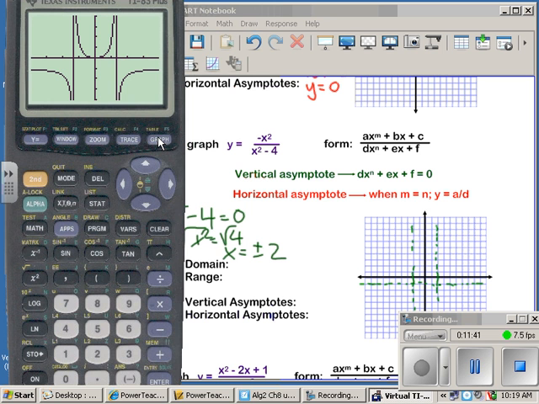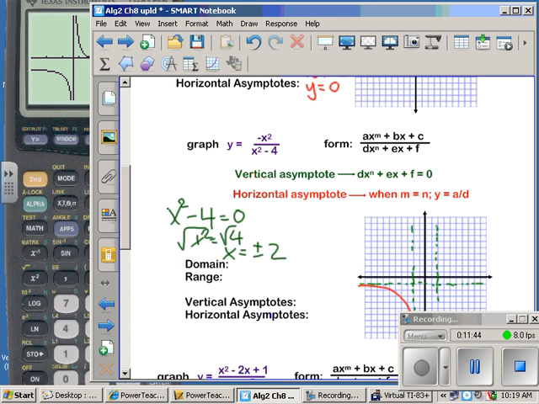So my graph, and remember we said it intersects the x-axis at 0. So my parabola is going to touch the x-axis at that one spot. Okay, the horizontal asymptote is just whatever the coefficient here is divided by that coefficient. So this coefficient is negative 1, this coefficient is 1, so negative 1 over 1 is negative 1. Okay? All right.